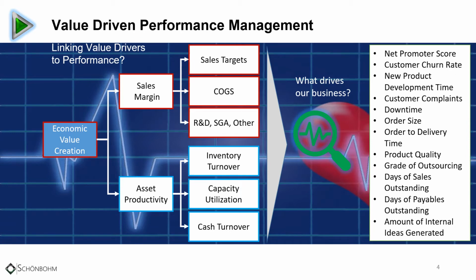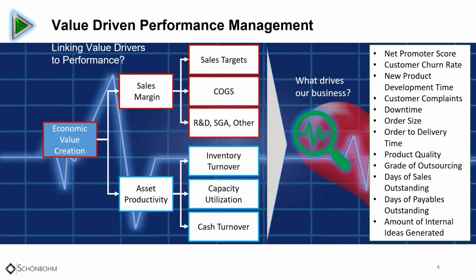We can talk about the cost of goods sold, which is the costing situation of the products and services we sell. And we have other aspects like R&D costs, SG&A and other administrative costs. As far as asset productivity is concerned, you probably already know inventory turnover, capacity utilization rates and cash turnover rates. But the real question is what drives our business.